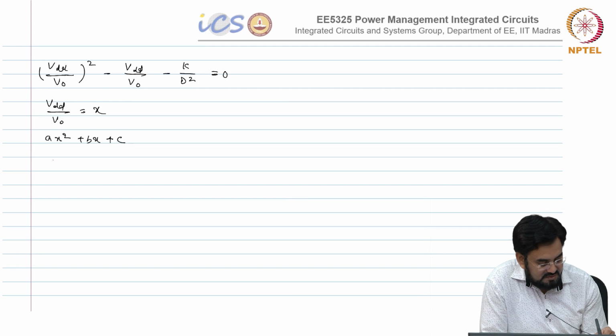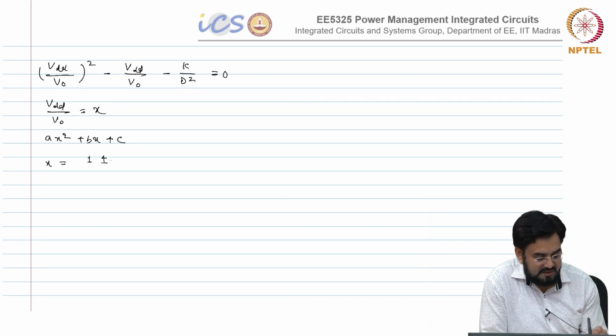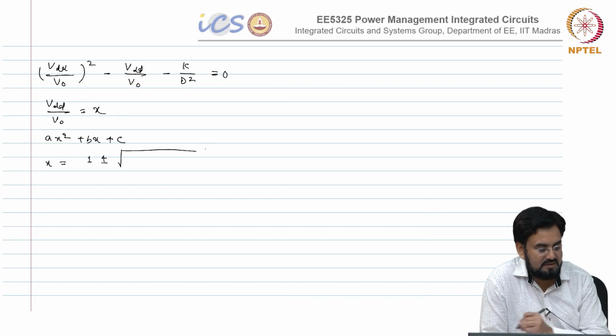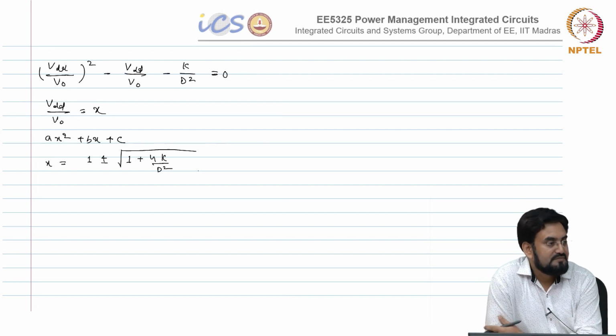So what will be the roots? X is equal to minus b plus minus square root of b square minus 4ac. c is negative, so this becomes plus 4K over D square, correct?